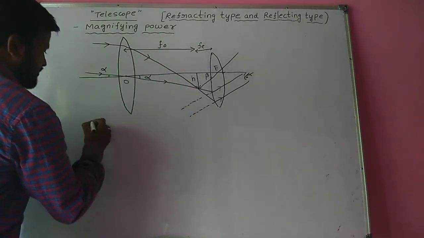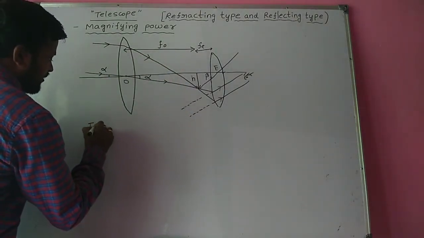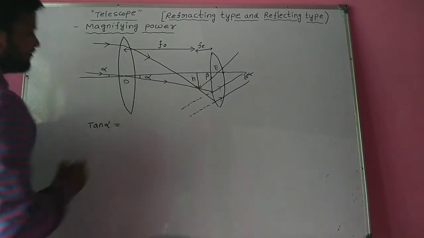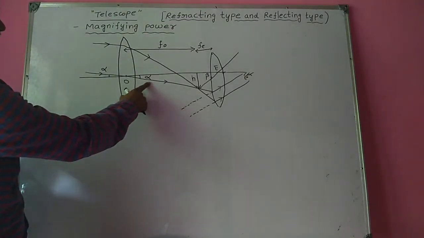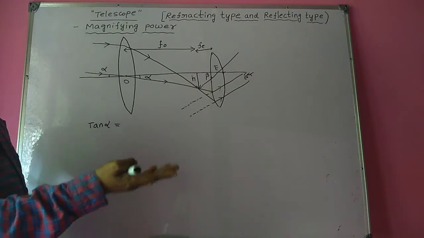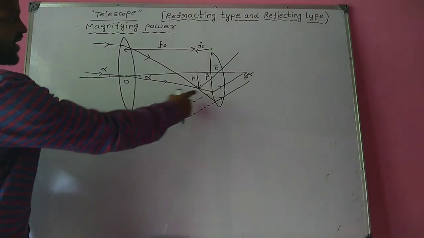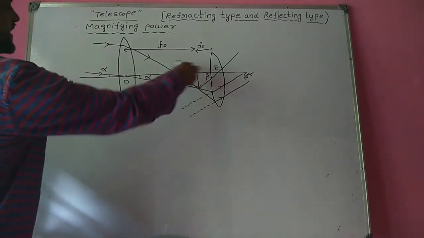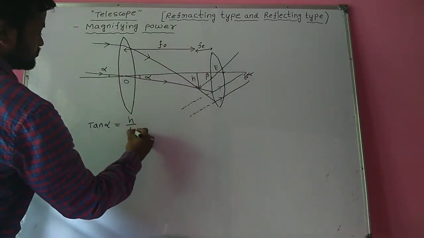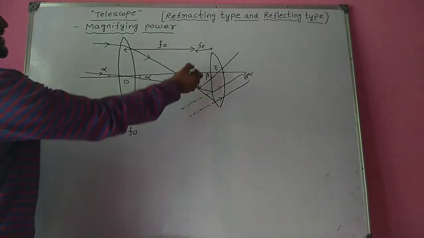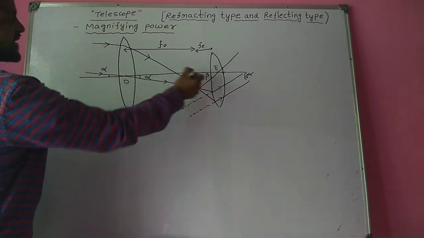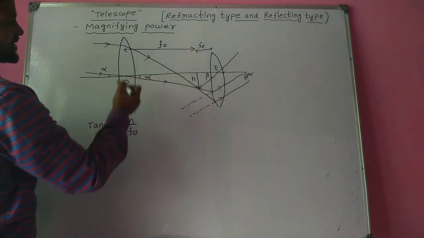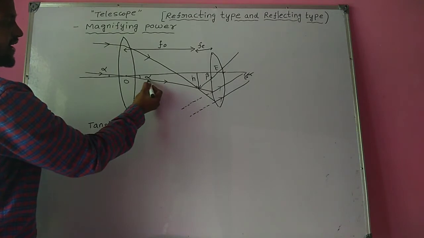From this figure, take tan alpha. Tan alpha is opposite side by adjacent side. For this triangle, I have taken alpha: the opposite side is h and the adjacent side is Fo.